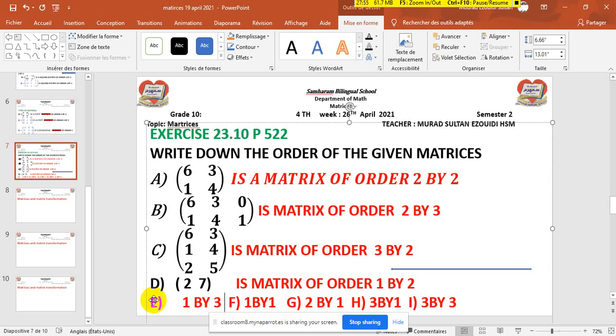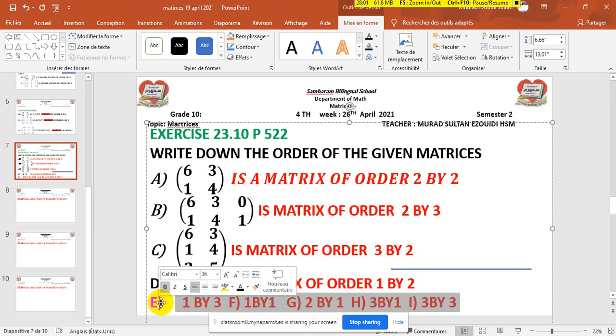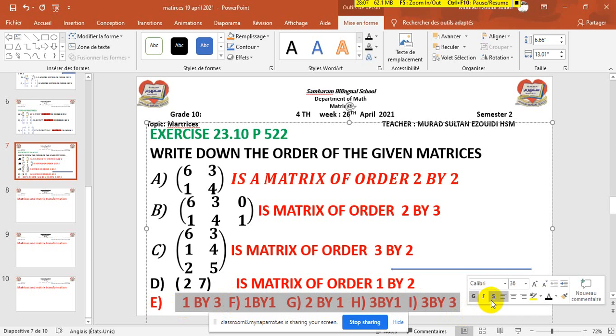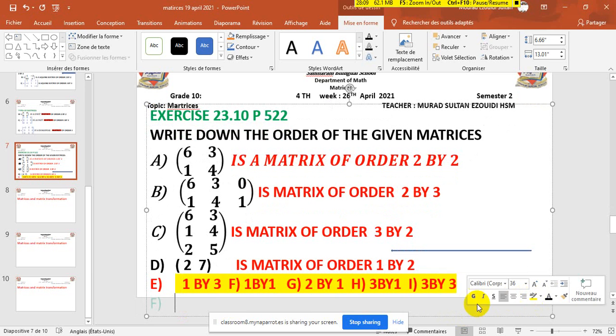I will just make here to distinguish between that and this. This is the answers of the other sub-questions, my daughters. Okay? If you finish, let me go to the second part, my daughters.